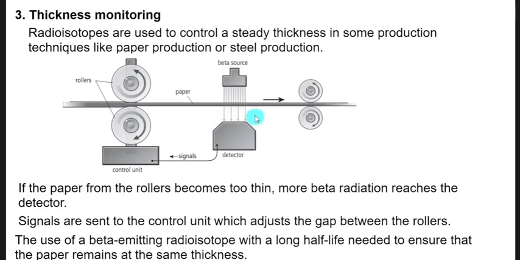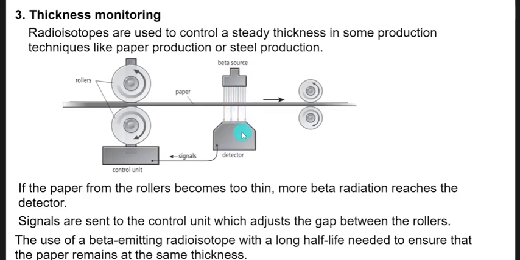If you use alpha, alpha is not suitable because it will not be able to penetrate. If you use gamma, gamma is not suitable because no matter how much the thickness changes, it will penetrate and you continue recording the same thing. So beta is the best radiation to use, because if the thickness starts increasing too much, it may be blocked.